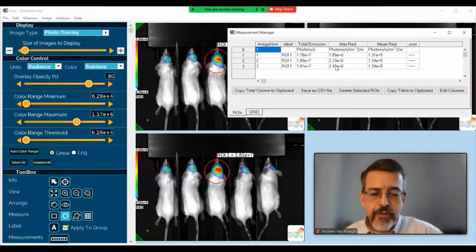It is not an overall quantitation of the signal within the region of interest. It is simply telling you how hot the hottest pixel is in terms of photons per second per centimeter squared per steradian. Okay, so this is inherently not going to be a useful regional analysis of the total quantity of signal seen in that region. So we'll discount the use of max rads on that basis.